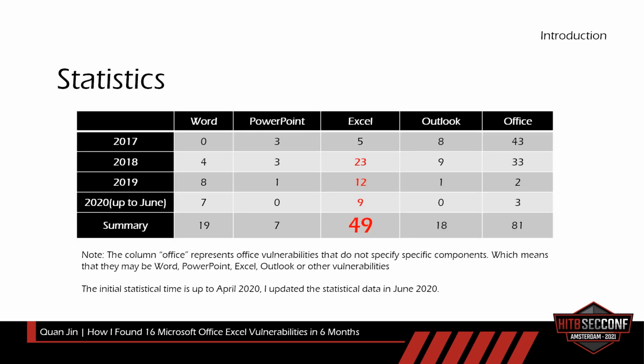Here are the results up to June 2020. Note, the column Office represents Office vulnerabilities that do not specify components, which means that they may be Word, PowerPoint, Excel, Outlook, or other vulnerabilities.